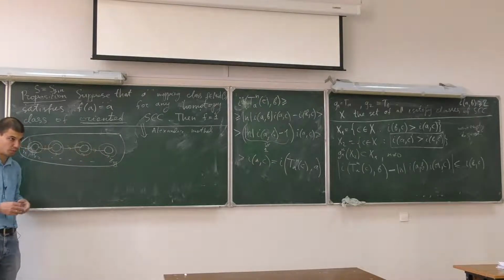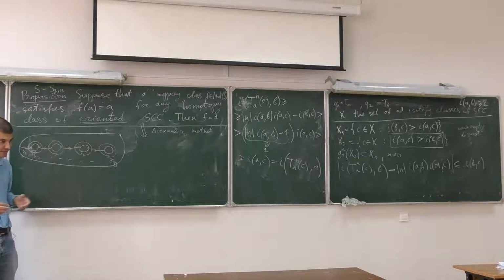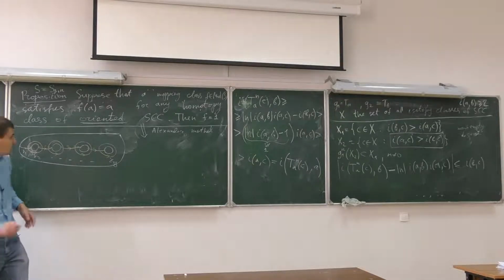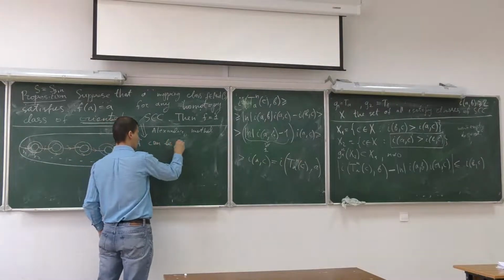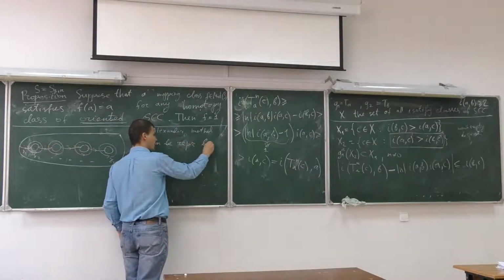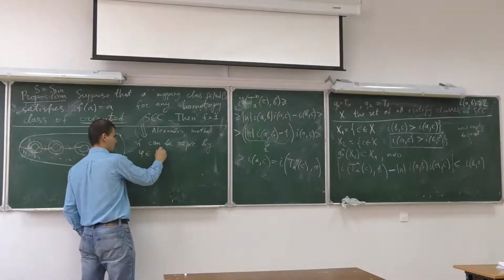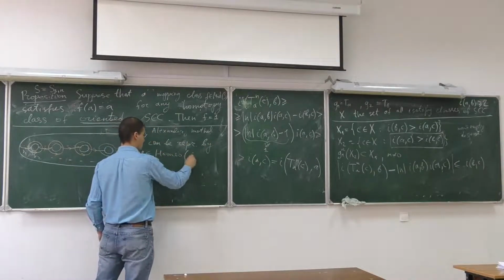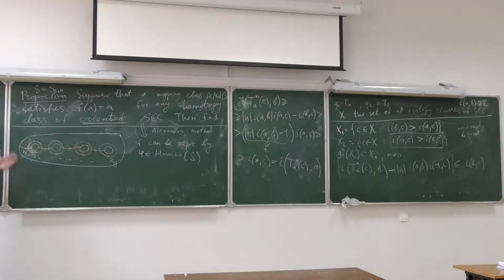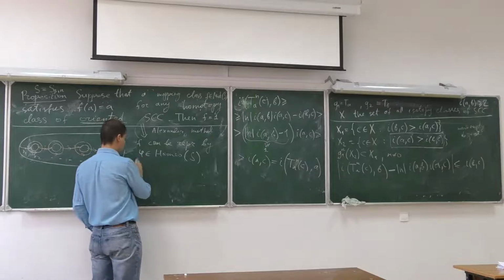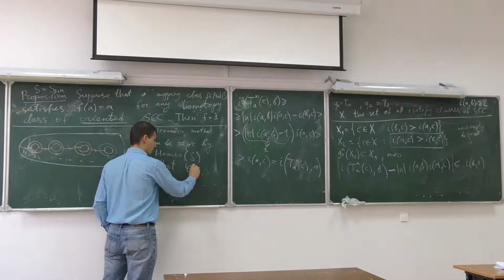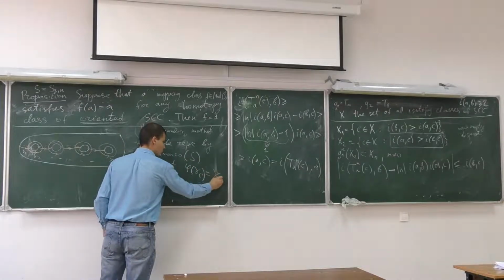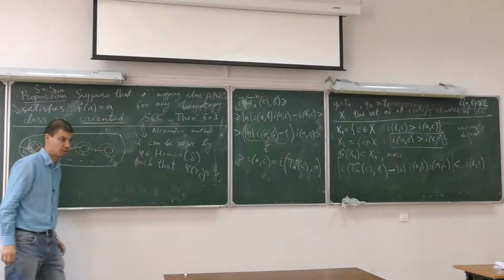This is what we proved a week ago. So f can be represented by a homeomorphism such that every curve goes to itself simultaneously.